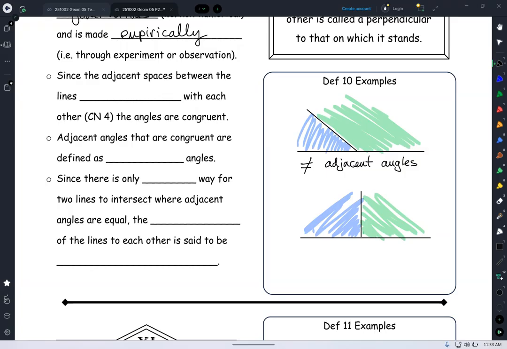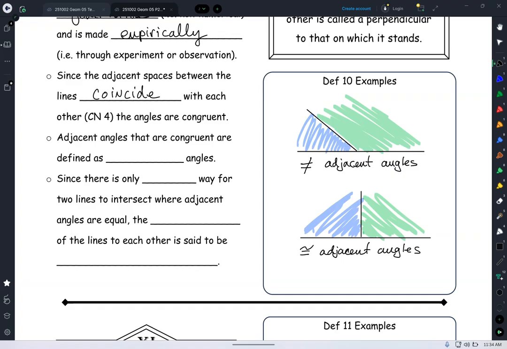Since the adjacent spaces between the lines coincide, sit on top of each other, common notion 4, that would make the angles congruent. So we can use our figure language here, and now we can say that we have congruent adjacent angles.